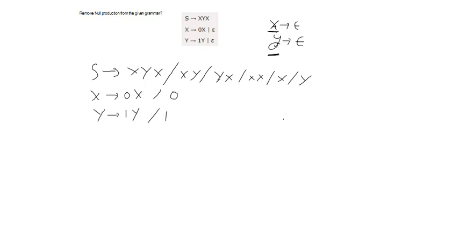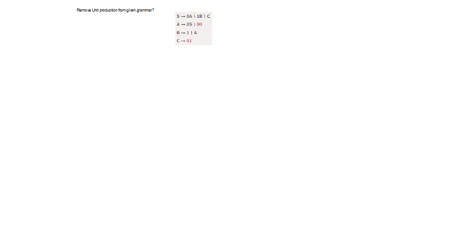Okay, I hope all of you understood what a null production is and how to eliminate null production from the grammar. So let us see the third method. Means we should eliminate all the unit productions from the grammar. So we should know what a unit production is. As per the definition, a unit production will be like this: W implies V, where W, V belong to non-terminal symbols.